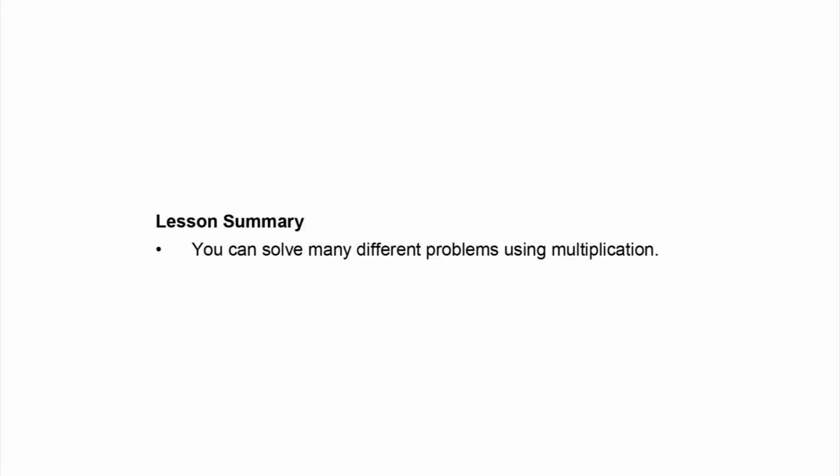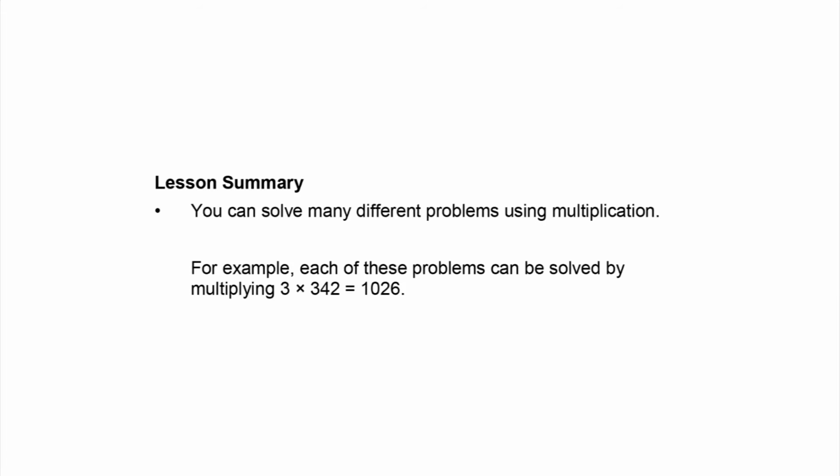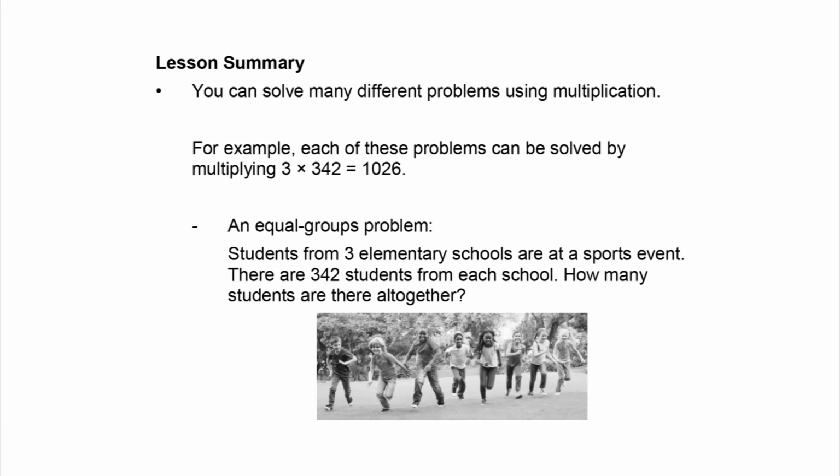Lesson summary. You can solve many different problems using multiplication. For example, each of these problems can be solved by multiplying 3 times 342, which is equal to 1026. An equal groups problem. Students from 3 elementary schools are at a sports event. There are 342 students from each school.